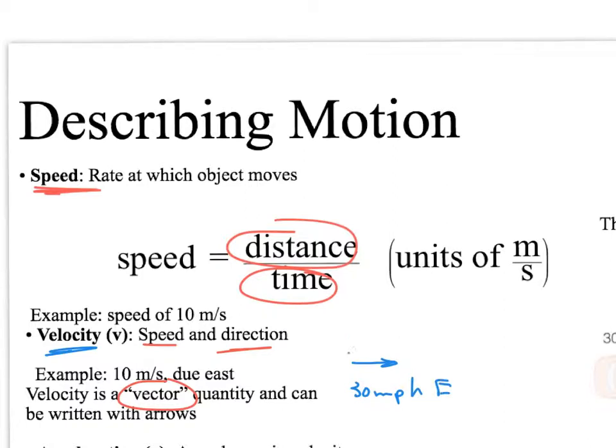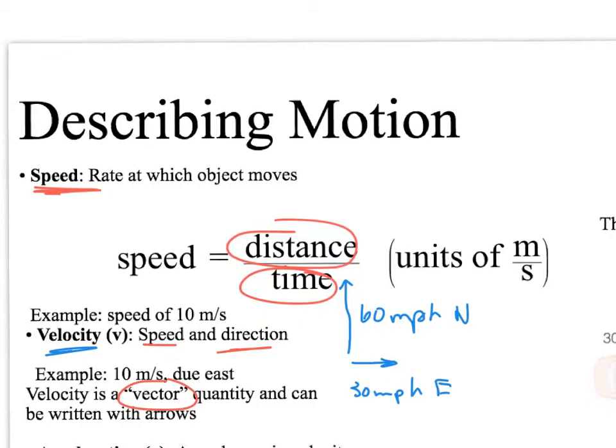If I double that length, that means twice the magnitude, and I go in another direction, that would be 60 miles per hour north. So we can use vectors, and the cool thing is we can add those little vectors and come up with what we call the resultant. But anyway, velocity is both speed and direction.